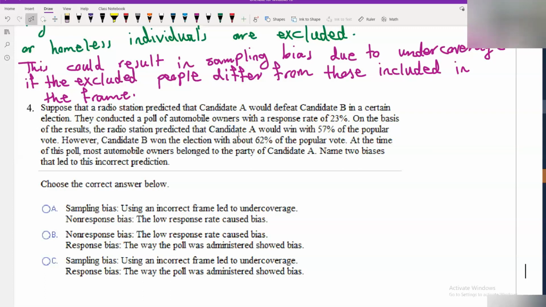So the result was 57% for A, but 62% for B, but they actually belong to candidate A. The radio station's prediction was that candidate A would win 57% and candidate B would win 62%. That was the prediction. But at the end, they saw that, oh no, something else.